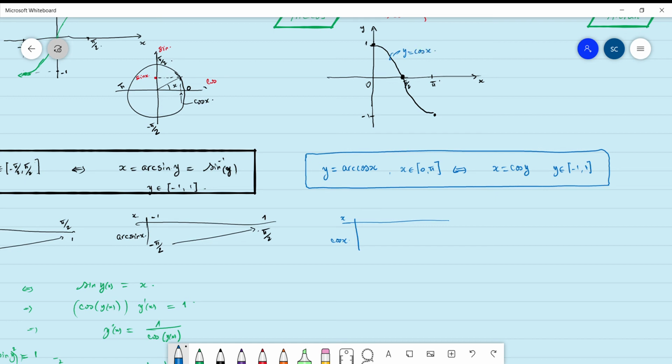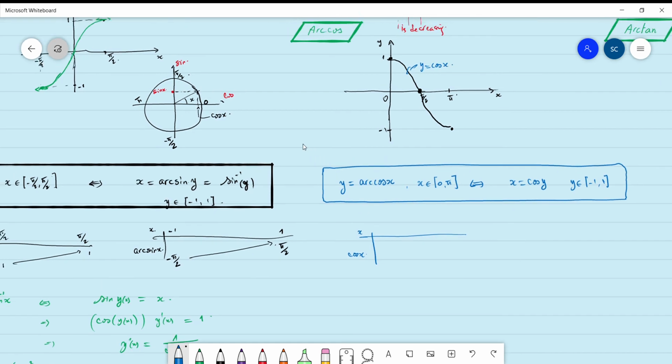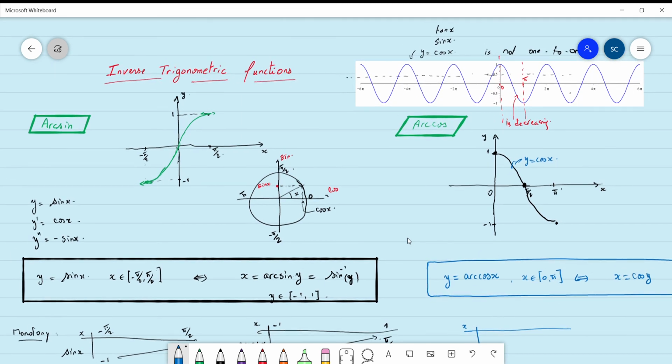I didn't speak about the graph of the arccosine, but we know that we can deduce it by symmetry with respect to the line y equal x, and you can deduce something like that, as for the arcsine.